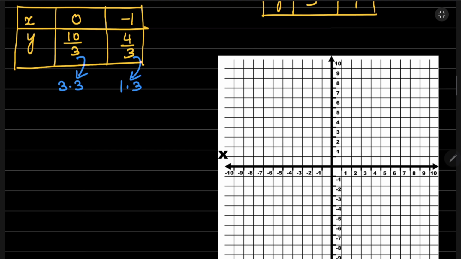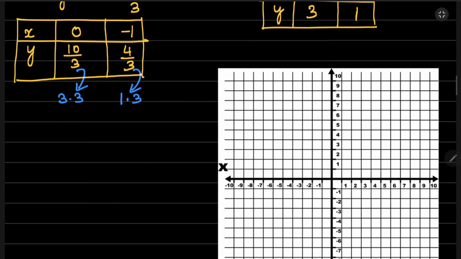Now let us draw the first one. 0, 3.3 will be somewhere here. And minus 1, 1.3 will be somewhere here. So let me draw a straight line joining these 2 points.